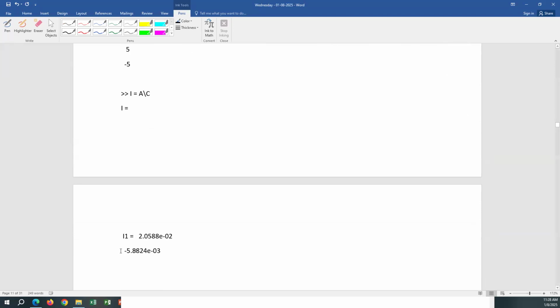I1 is equal to this, and I2 equals this. 20.58 means 20.6 milliampere, and negative 5.89 milliampere. So these are my two current values, I1 and I2.